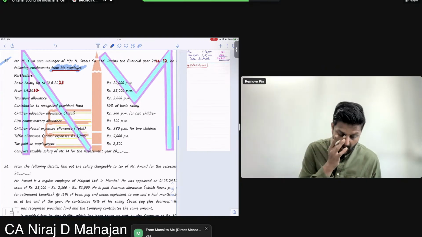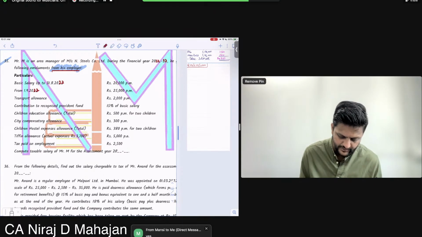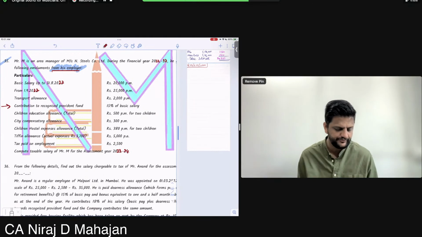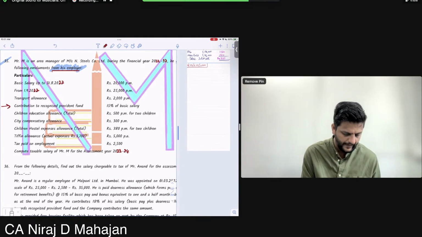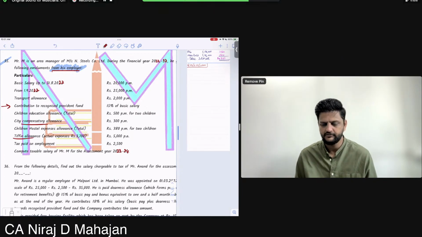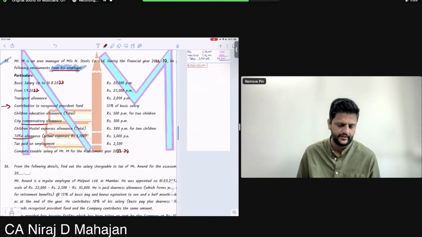Compute taxable salary of Mr. M for AY 23-24. This is a very simple question. Just one or two adjustments are different, and that also we'll find out in the syllabus, whatever its treatment is. Ready? Chalo, write down.